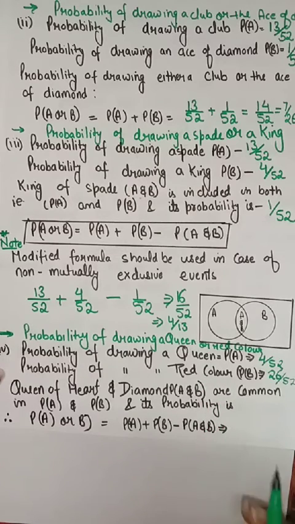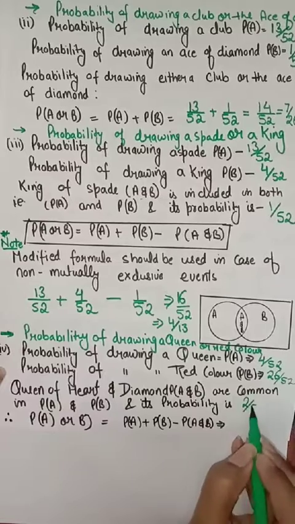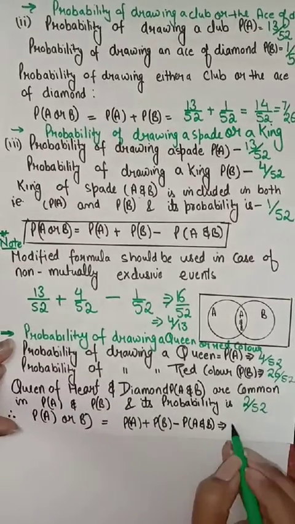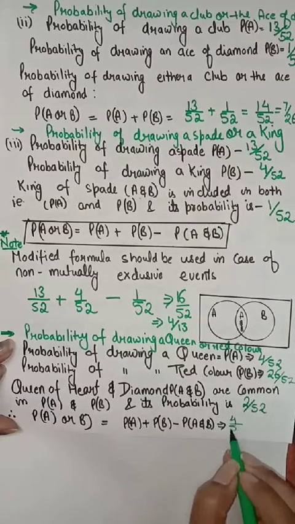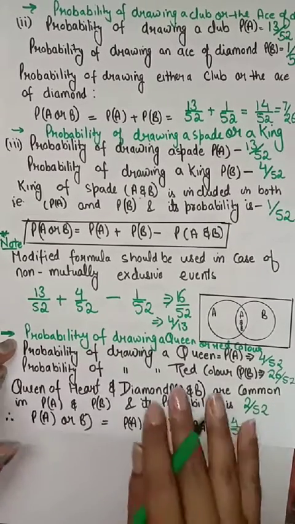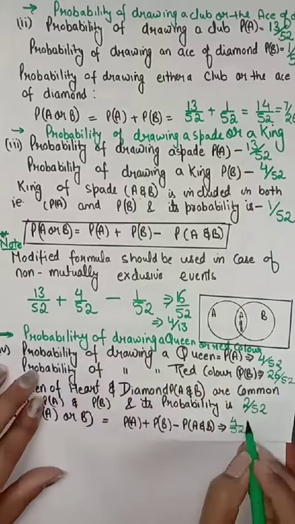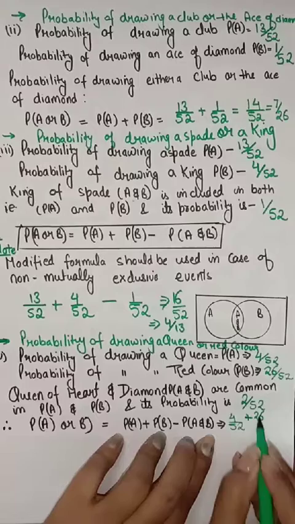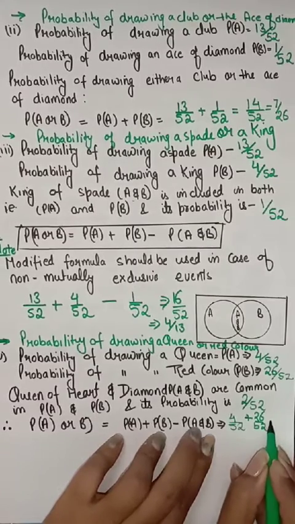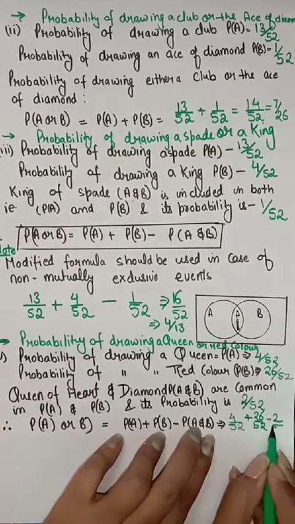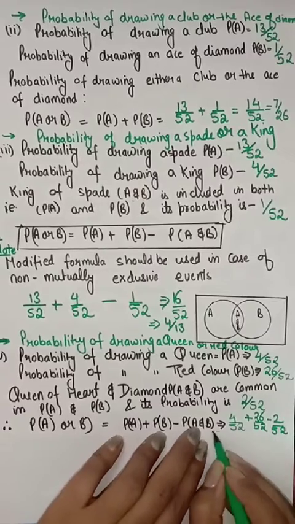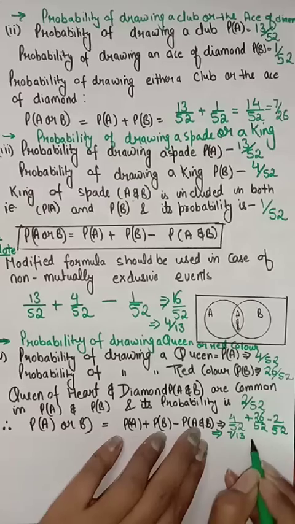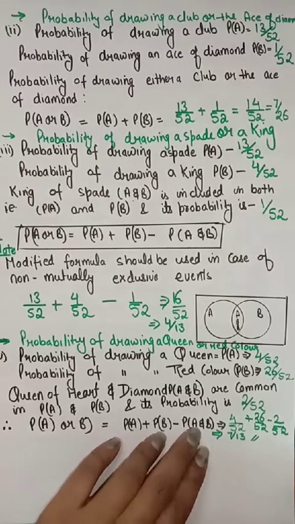So its probability would be 2 by 52. We put these values into our formula, and you get 4 by 52 and so on. I hope this is clear.